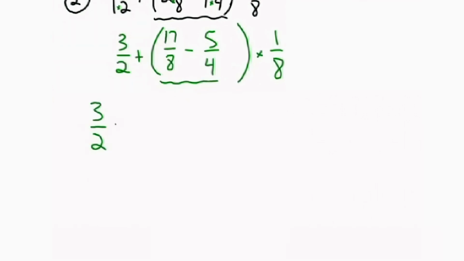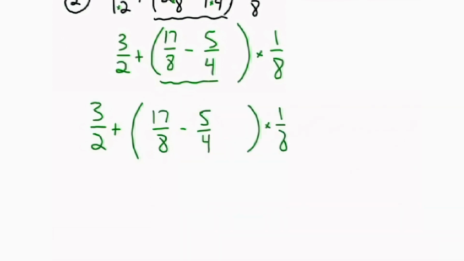So I have 3/2 plus 17/8 minus 5/4, and that's times 1/8. And so now I land up with 5/4, and I need to convert it to a common denominator. And I see here I have a denominator of 8 and 4, so I can make my common denominator 8.